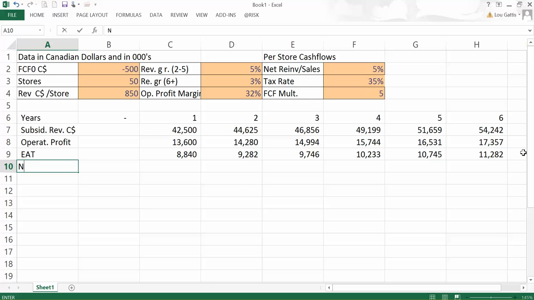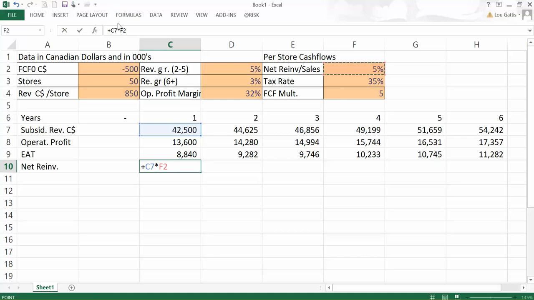I'll calculate net reinvestment. Net reinvestment is going to be a percentage of sales. So I'll take revenue times my net reinvestment rate, 5%.